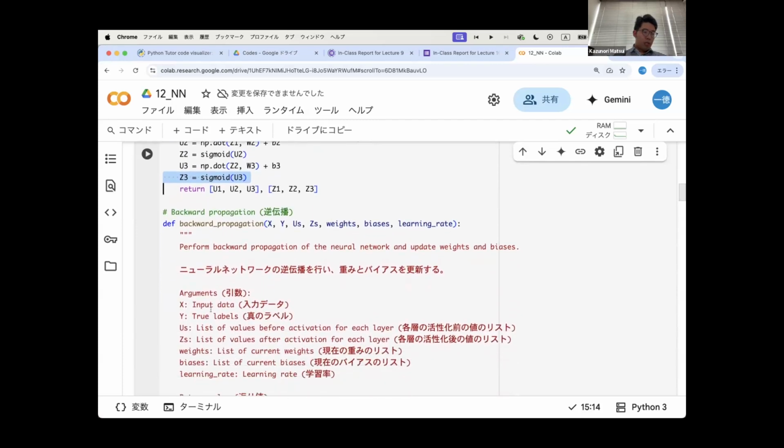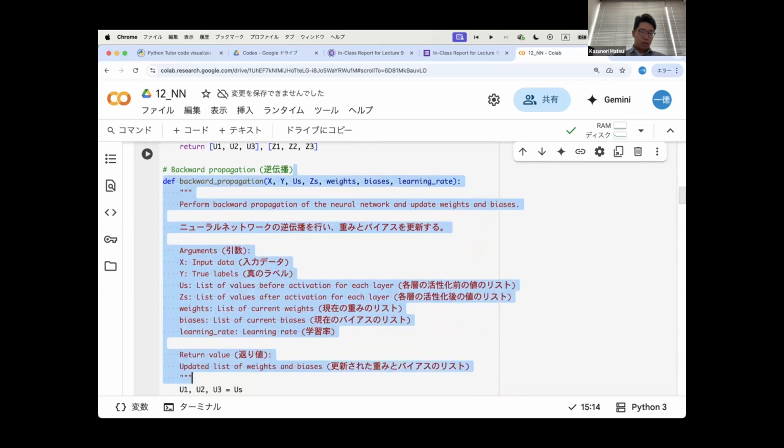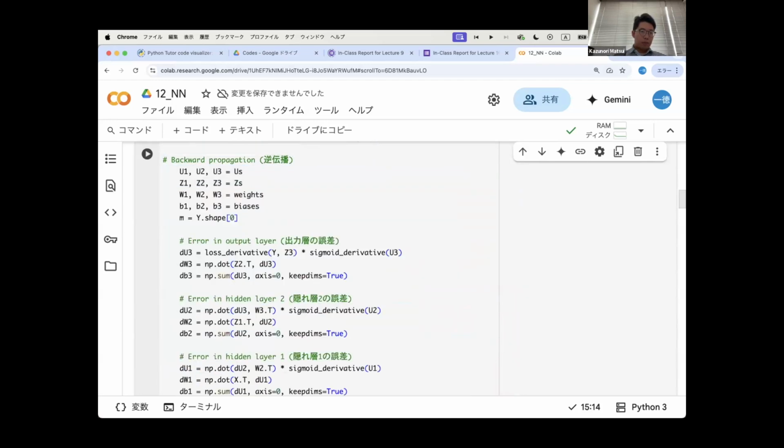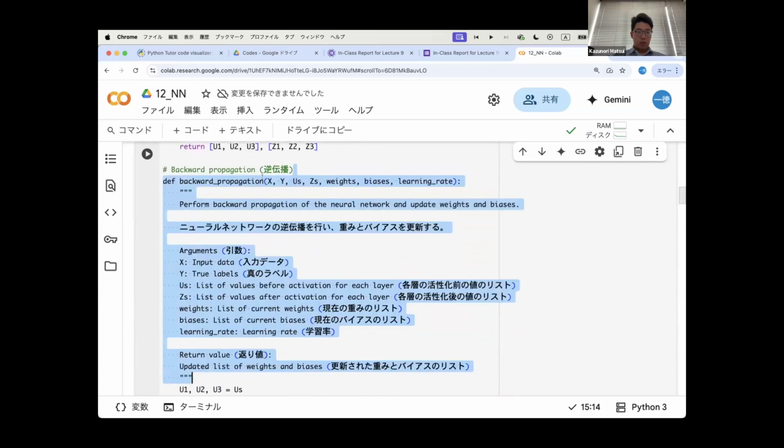Next, we also prepare the backward propagation. Here we know the input values and output values.